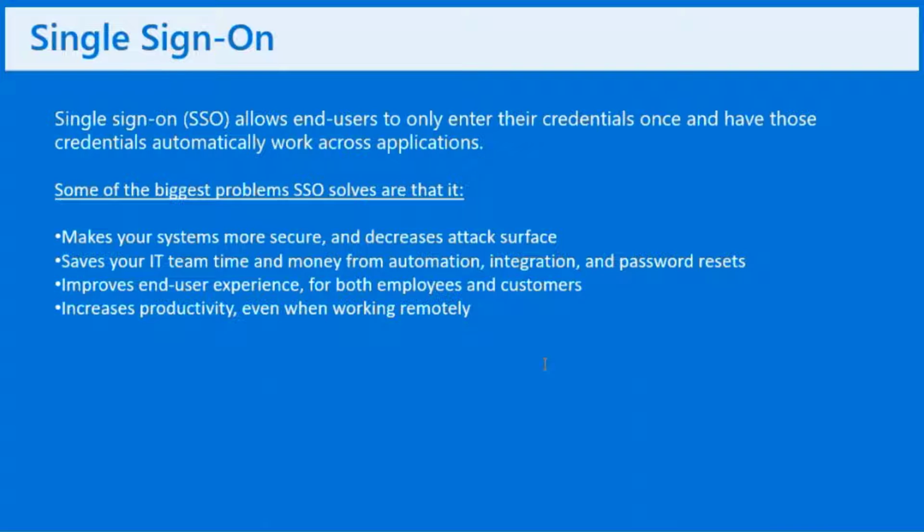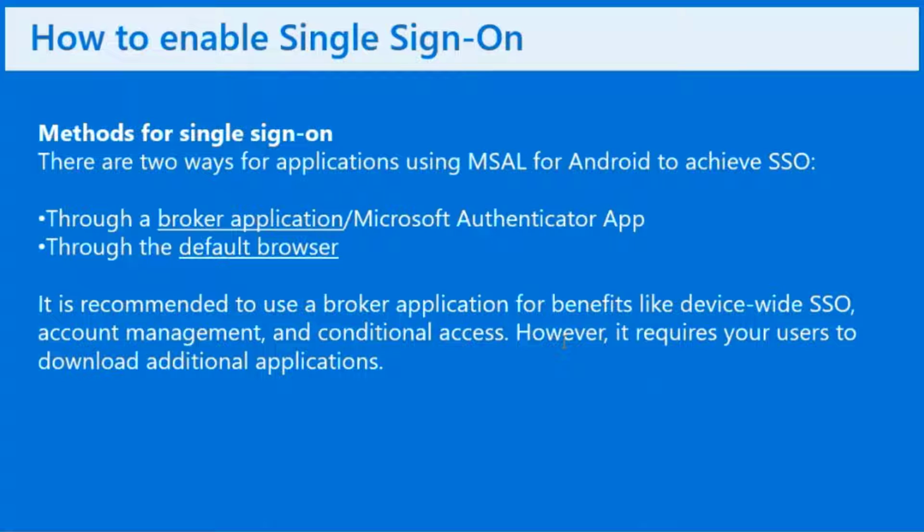Apart from the end user experience improvements, it also saves the enterprise quite a lot of IT team time and money by not requiring a lot of automation, integration, and password resets, because passwords are not being entered as much, so there is less probability of forgetting or losing passwords. So how can you enable SSO in your application using MSAL Android?